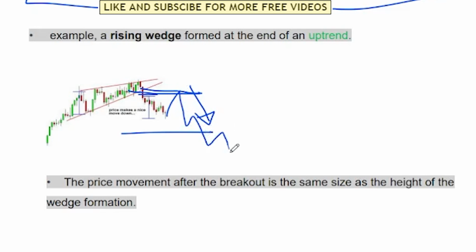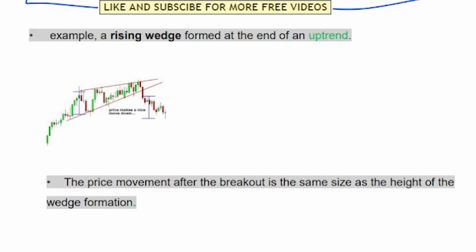the trend formation. Okay, so here, if you see the formation of a rising wedge and the breakout, that's where we are going to catch the move. The target will be the same size as the formation of a wedge.